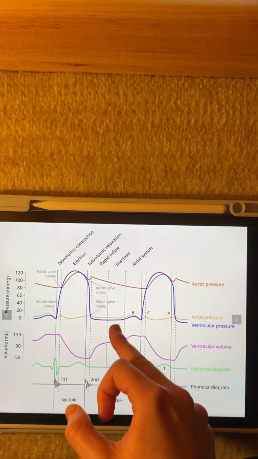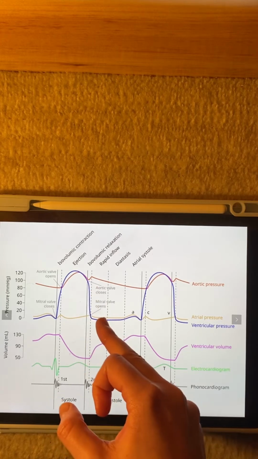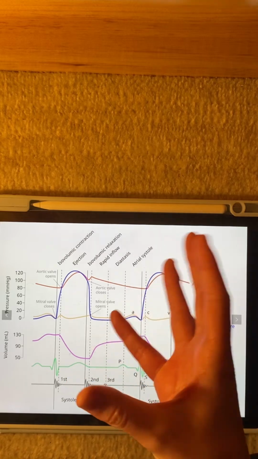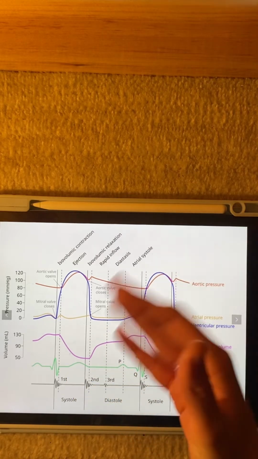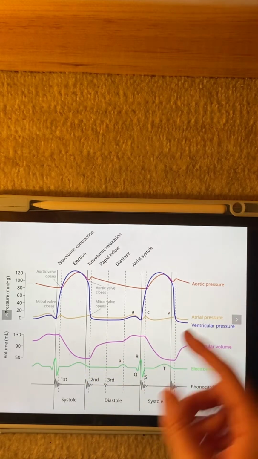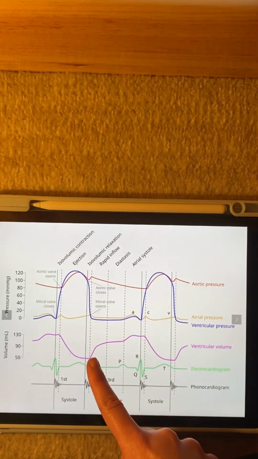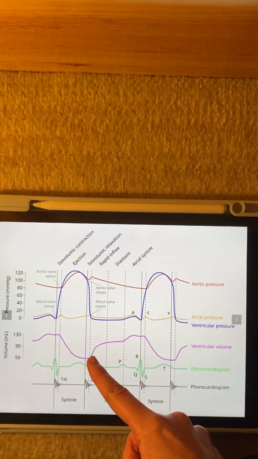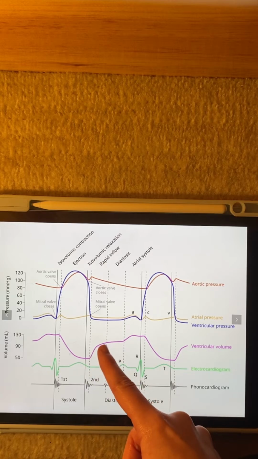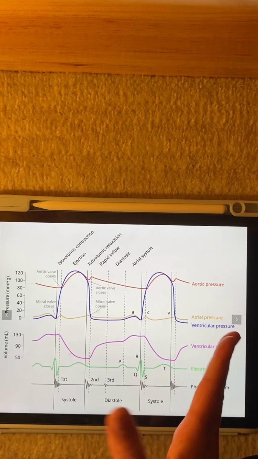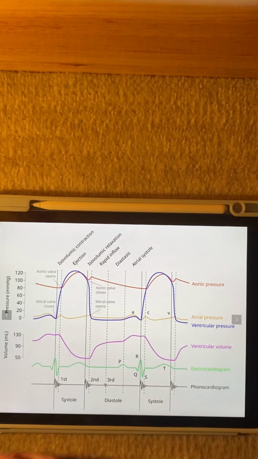So when that drop in ventricular pressure goes below our atrial pressure, we're going to open that mitral valve and passive filling is going to begin. And we know that passive filling is occurring because we see this increase in ventricular volume. Blood is going out of the atria and flowing into the ventricles. This occurs until our next cardiac cycle begins.